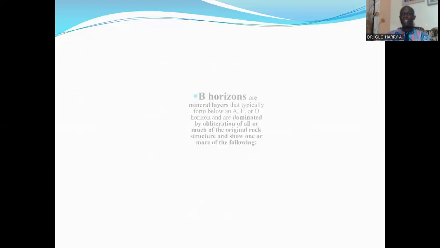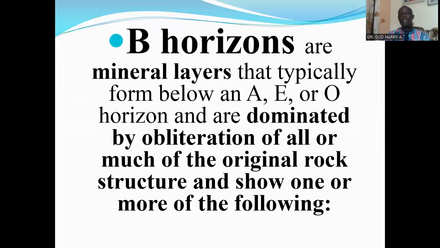Now the B horizons. The B horizons are mineral layers that are typically formed below an A, E, or O horizon and are dominated by obliteration of all or much of the original rock structure and show one or more of the following.